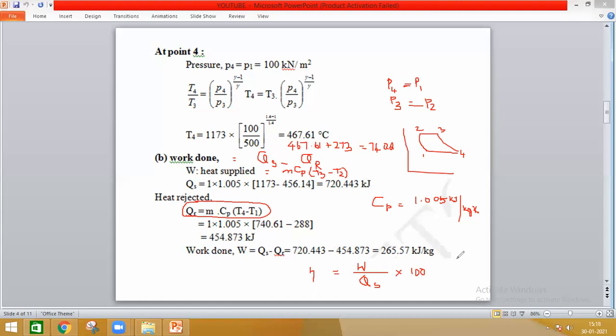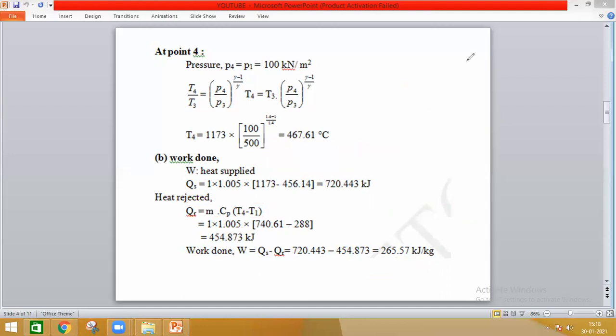This is how we are going to find out the efficiency. We know the value of work done and heat supplied, and we substitute those values to find the efficiency.